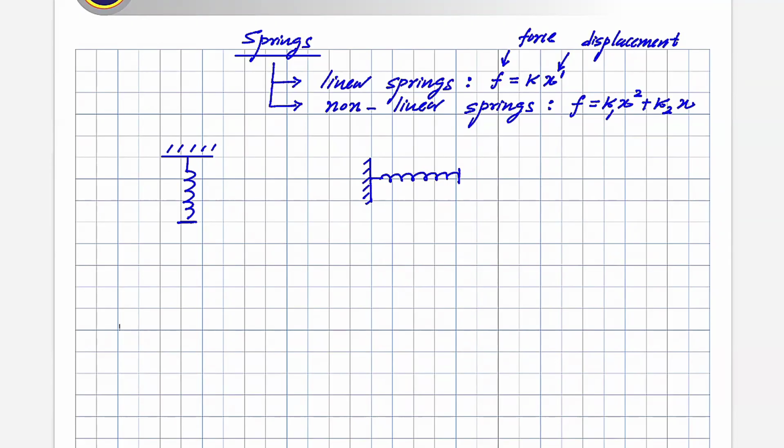So if you have a pure spring, then this length we typically say L0. Obviously, this one also L0. So this length L0 is called the rest length.